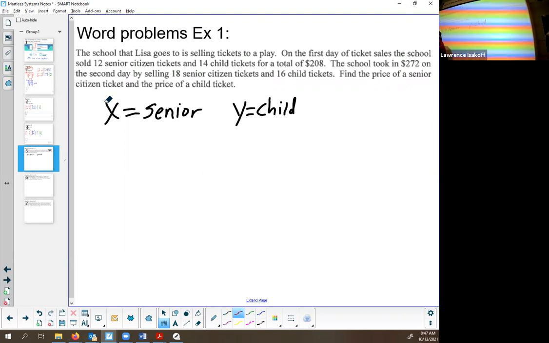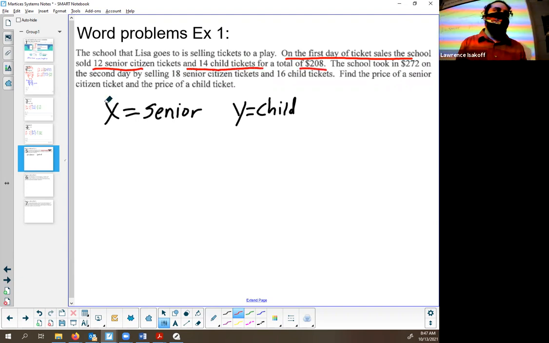Now that we did that, let's look at that first day. First day, we sold 12 senior citizens and 14 kids for this much money. Does anybody have an idea what our equation might be here? Any ideas welcome. 12x, okay.